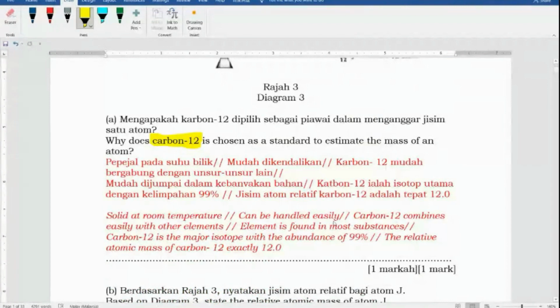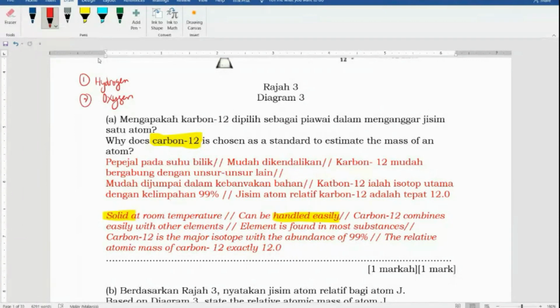Carbon 12 is a solid at room temperature, meaning that it can be handled easily. This is the main reason. You can take note on that: previously, they used hydrogen to compare. Secondly, they used oxygen to take the relative atomic mass.